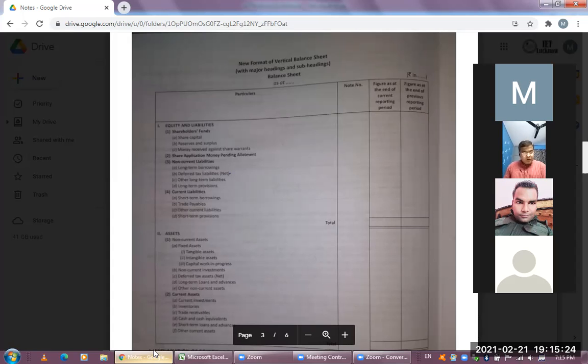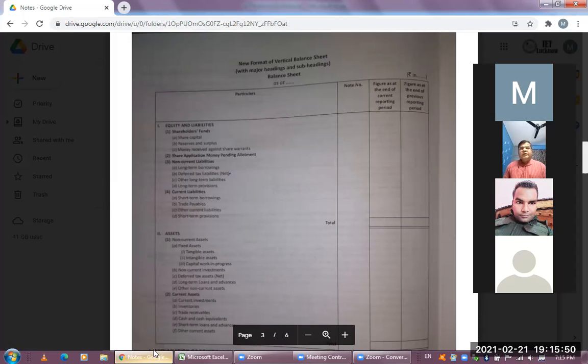Finally, the heading current assets will be there. Current investments, which are for short durations, inventories, that means stocks and store items, trade receivables, that means bills receivable, cash and cash equivalents. Cash, you must be aware of. Bank balances, you must be aware of. But what are cash equivalents?